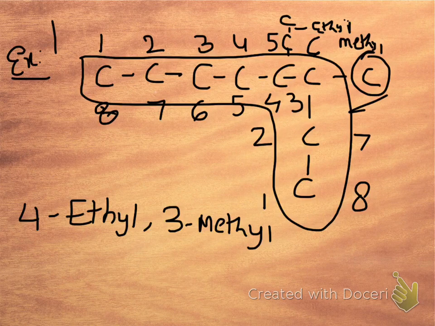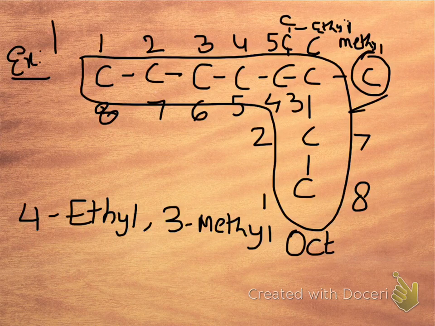Then write the word root. What's the word root? There are 8 carbons, so it should be oct. Oct means 8. Then n. Why n? It is the suffix. As the carbon atoms have single bonds, there should be n.